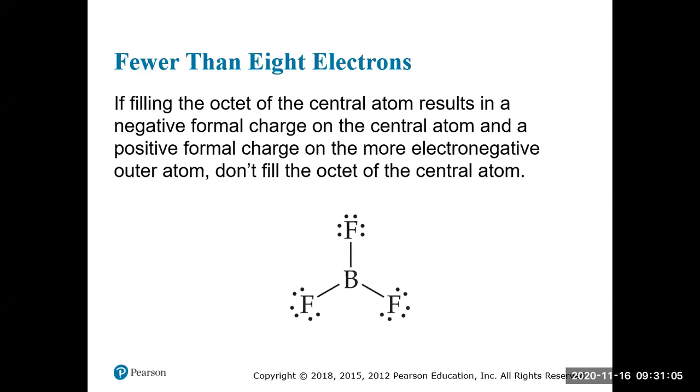So if we go through our process and then calculate out the formal charge, and we start seeing that our formal charge calculations have us with boron as a negative and fluorine as a positive, then that should get us suspicious that maybe this isn't a good configuration.